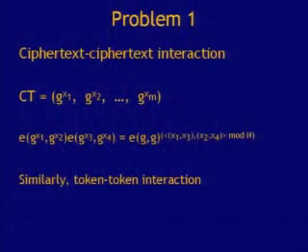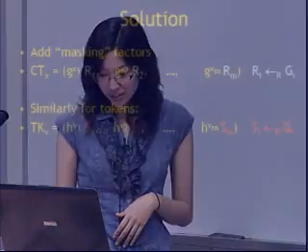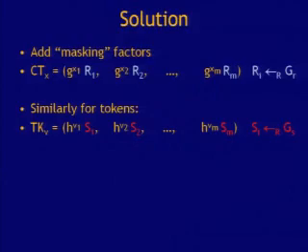And similarly for the tokens. So the solution to this is that we multiply in masking factors. In the ciphertext, we can multiply in random values from the subgroup GR. And for the tokens, we can multiply in random values from the subgroup GS.